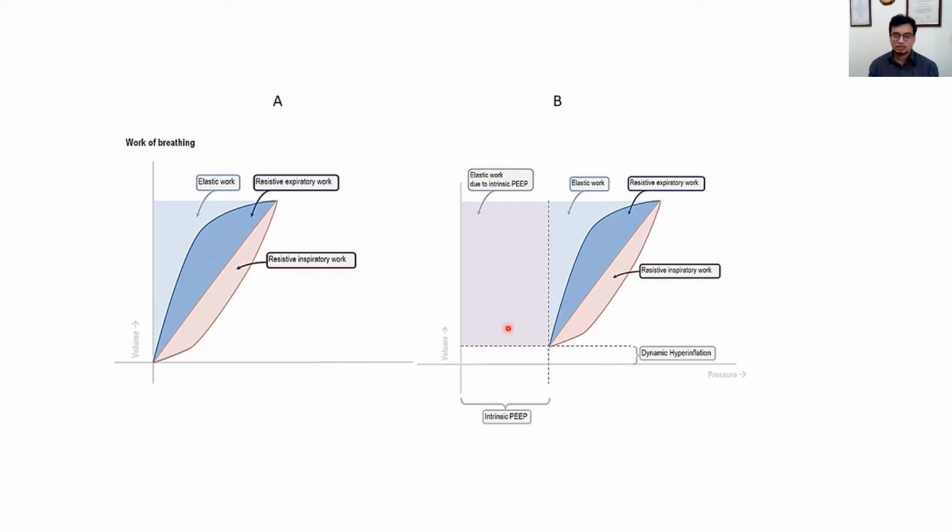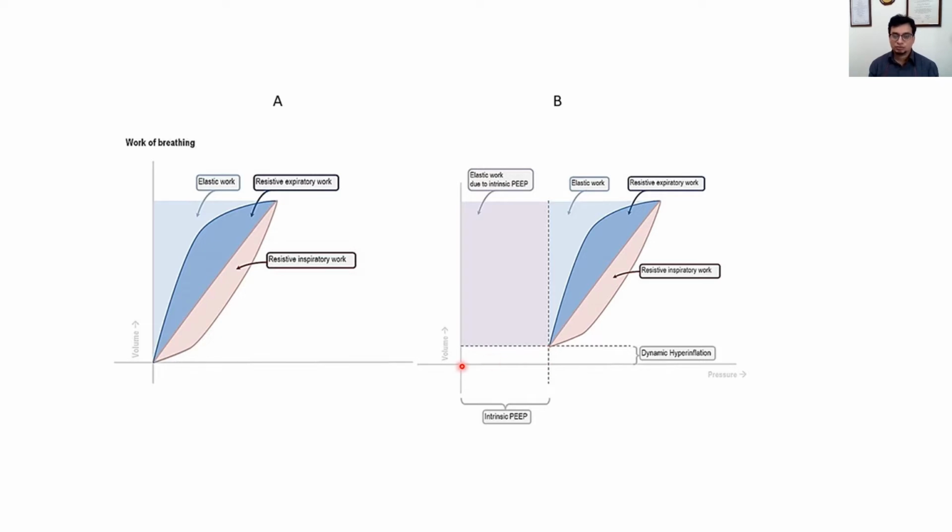So that elastic work also increases due to intrinsic PEEP. And there is also development of dynamic hyperinflation. So that means that there is volume trapped at the end of expiration always. So this PV loop shifts towards the right and shifts a little bit up.